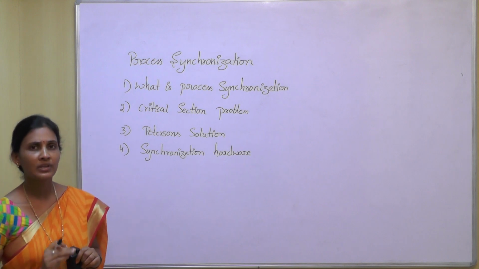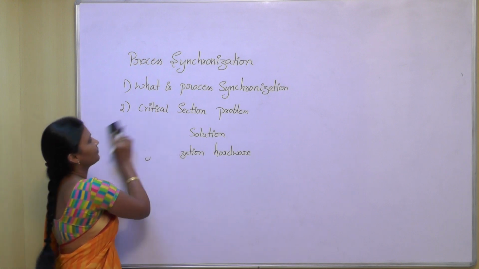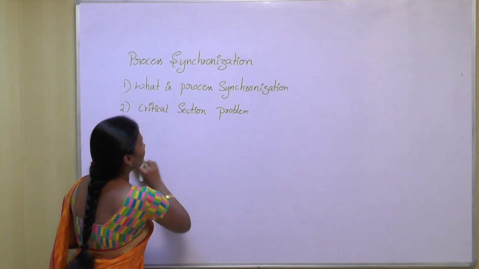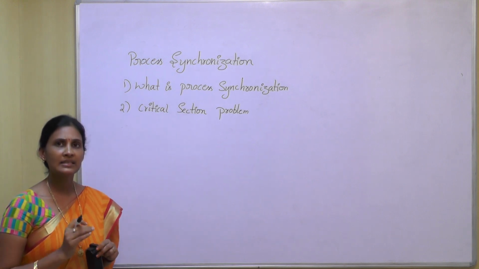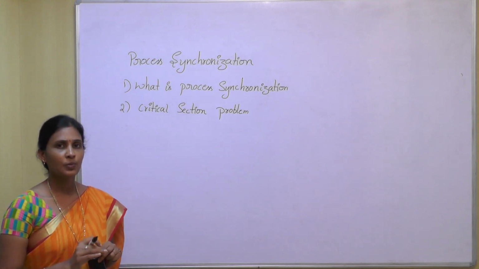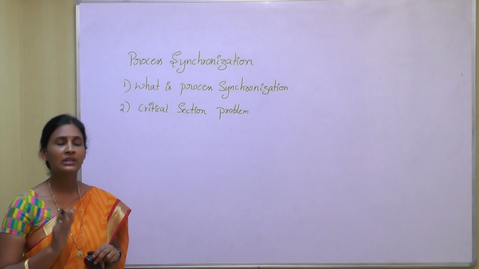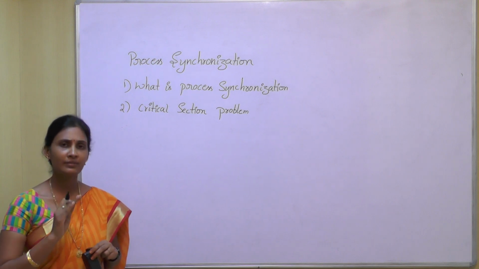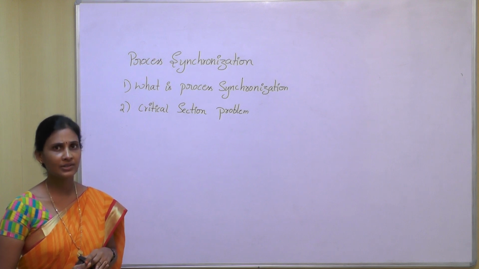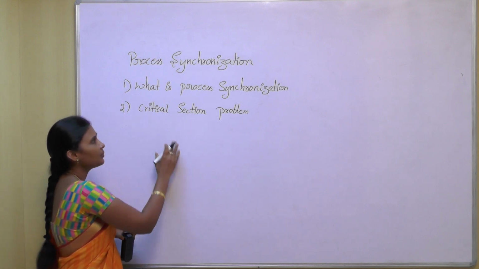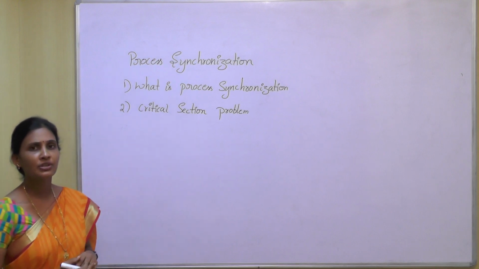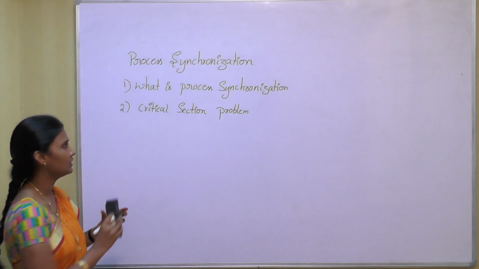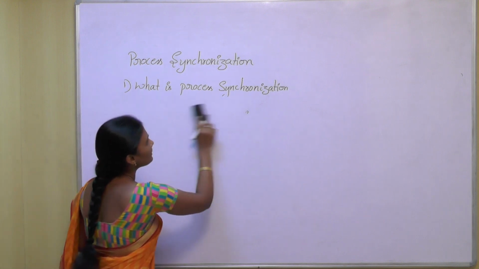This segment of code is called the critical section. If one process is in the critical section, we should not allow other processes to execute in that critical section. When any process wants to enter into the critical section, it must take permission to enter. There is a critical section environment.